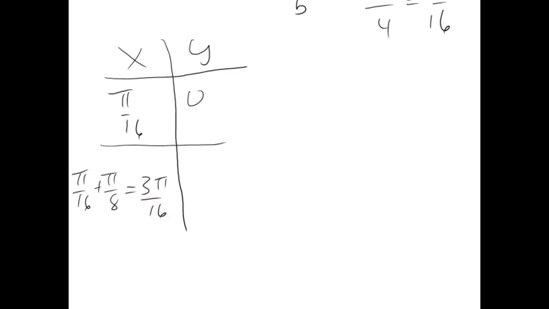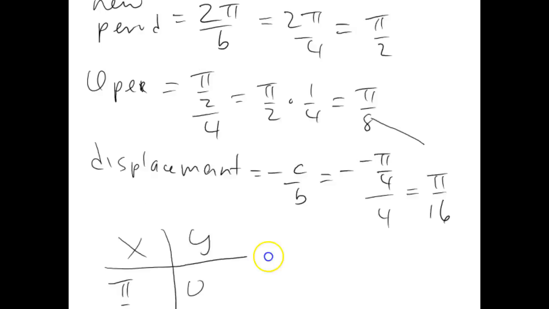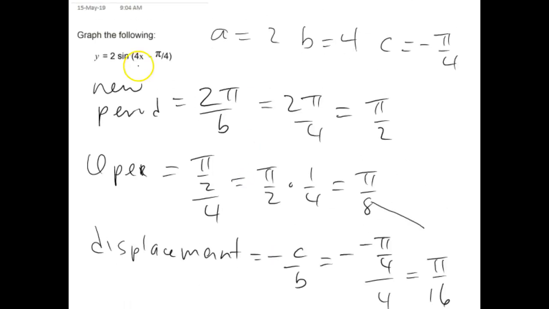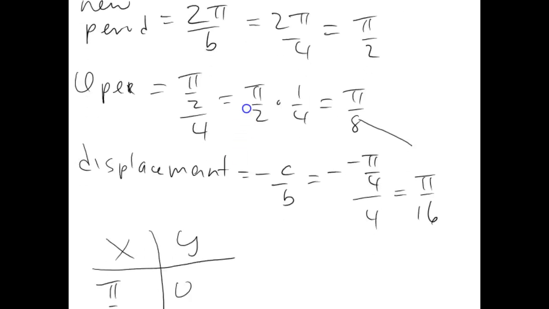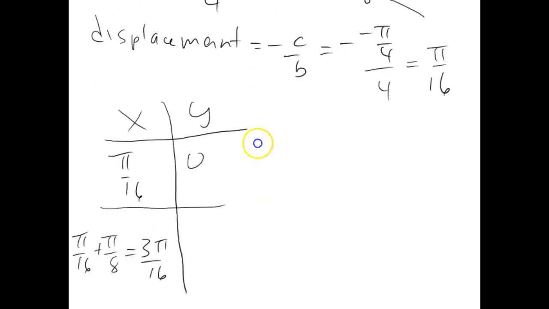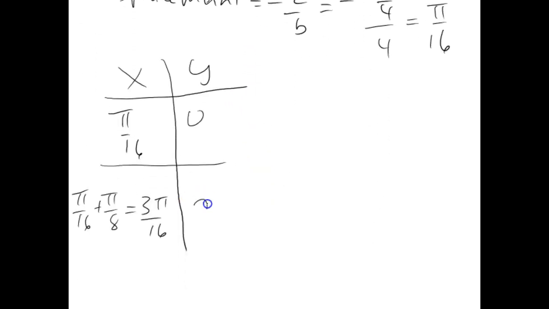If you put this number back into this x right here, so you're going to say 4 times 3 pi over 16, subtract pi over 4, that gives you an answer of pi over 2. Sine of pi over 2, or sine of 90 degrees, is 1. So we're going to say 2 times 1, so my next y value would be 2.